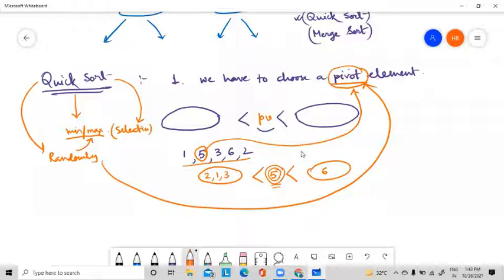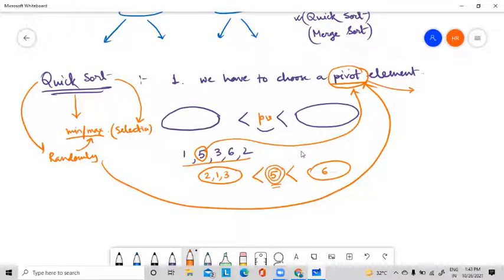It means there will be no advantage from quick sort. It will give you the worst time complexity. Clear? So that's why pivot selection is the most important thing.